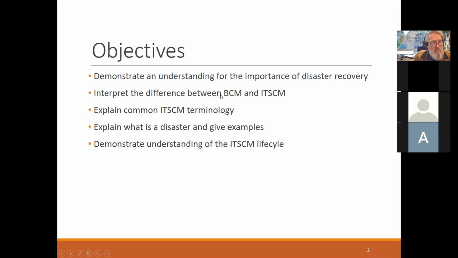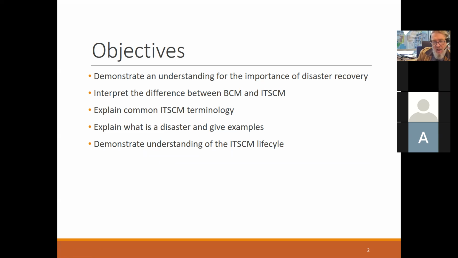But the points that we want to focus on here are these two acronyms, the BCM and the ITSCM. So BCM, Business Continuity Management. I hope that you have an idea in your head just from the words what that might be. ITSCM, Information Technology Service Continuity Management. So the idea is that the business itself, the top of the organization, people who are not IT people, should have some kind of idea of what needs to happen for their business to stay afloat.